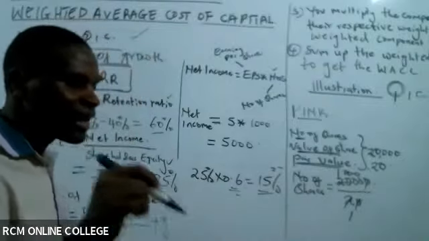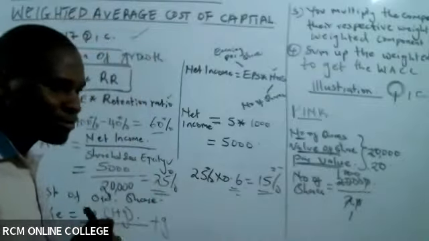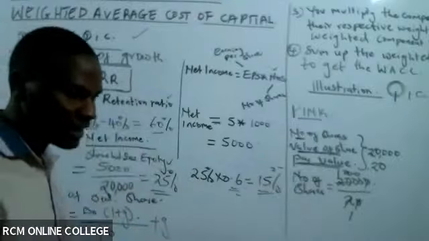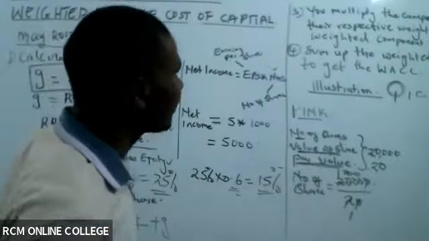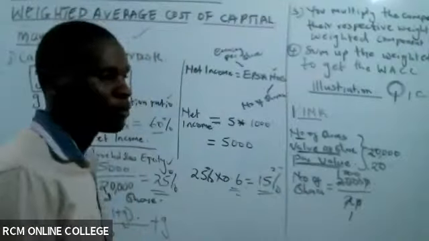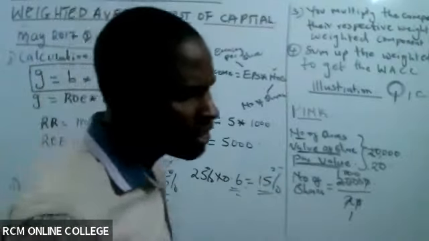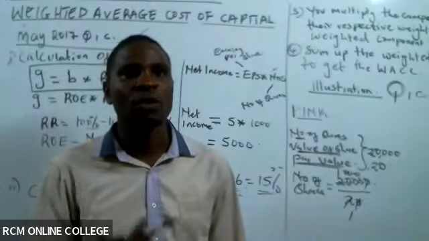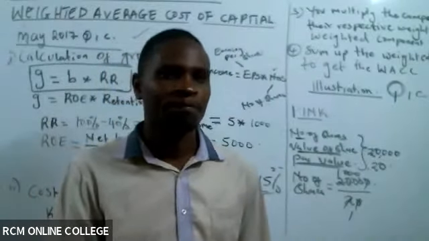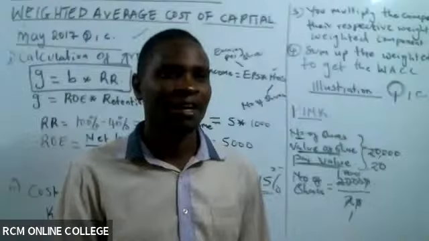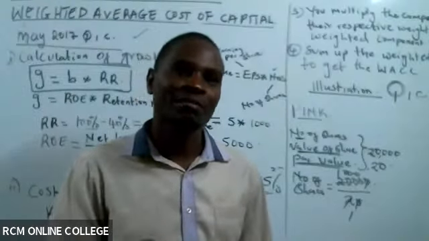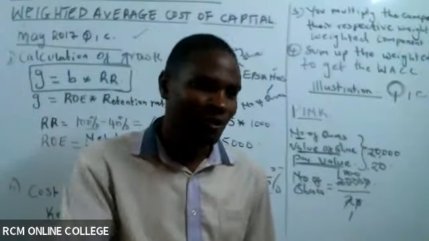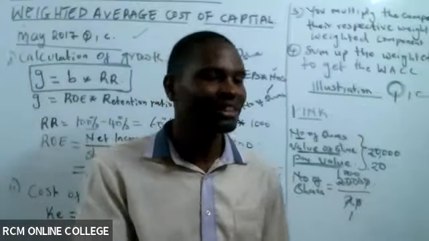Current dividend. Whatever we have here is the earnings per share. So how do we get the current dividend? Who can guide us here? What do you think we shall do to get the current dividend? We have earnings per share. The current dividend is earnings per share times the payout ratio. Simple, as simple as that.